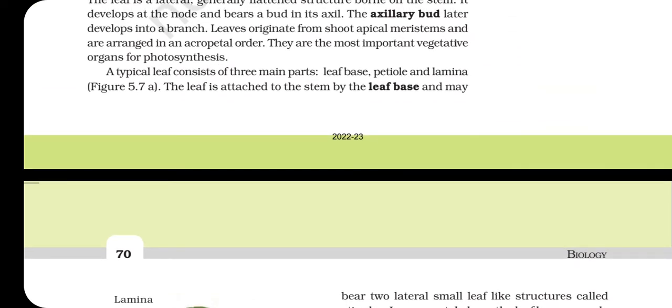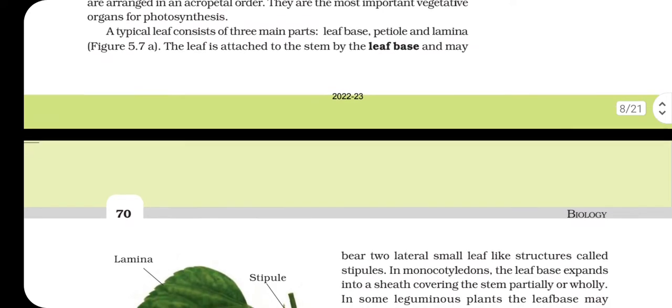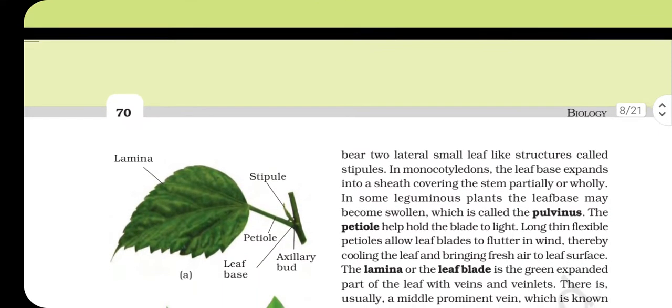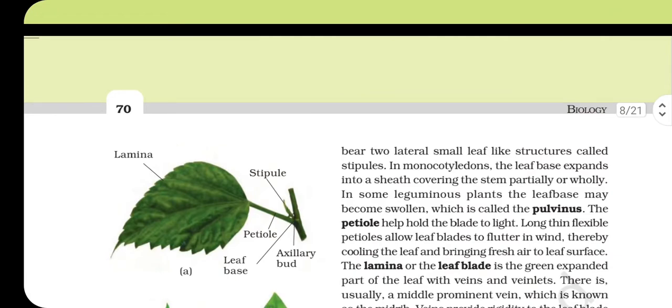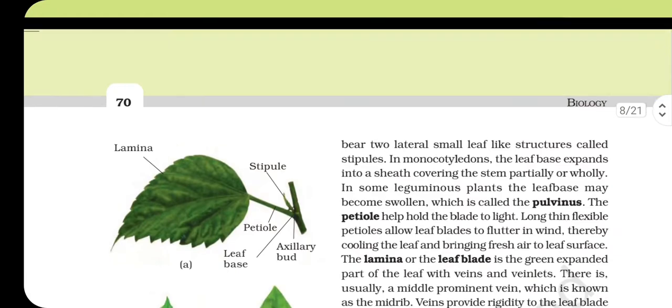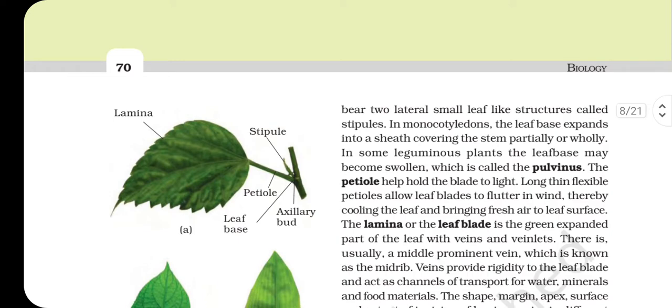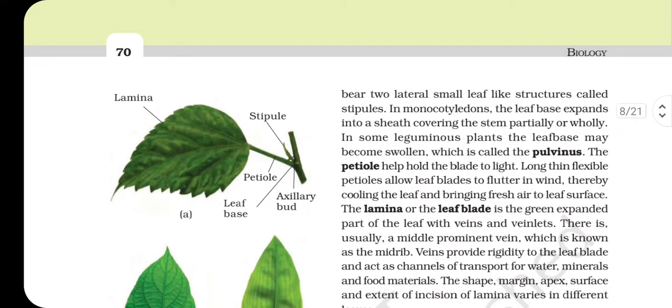The leaf is attached to the stem by the leaf base and may bear two lateral small leaf-like structures called stipules. In monocotyledons, the leaf base expands into a sheath covering the stem partially or wholly. In some leguminous plants, the leaf base may become swollen, which is called the pulvinus.